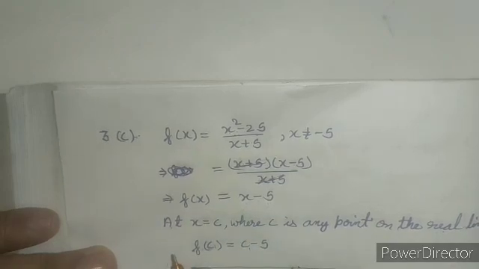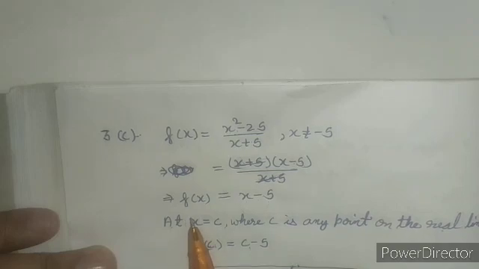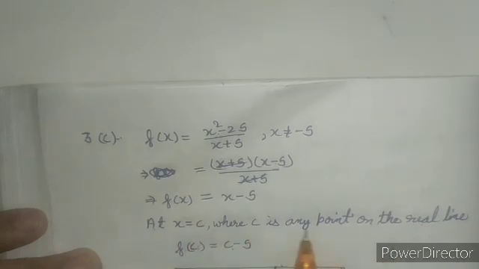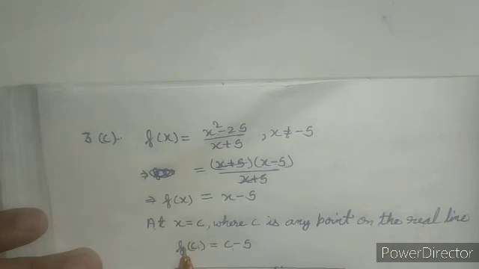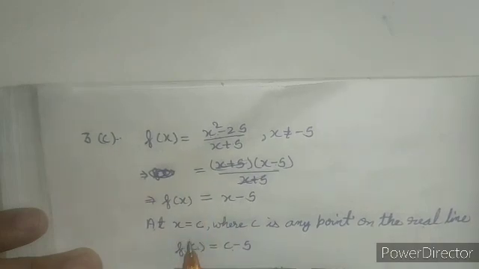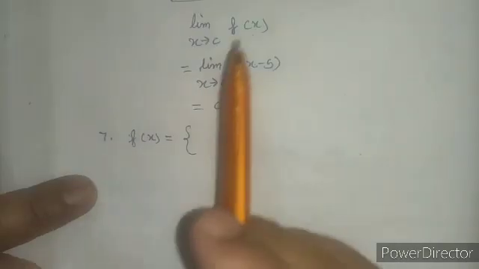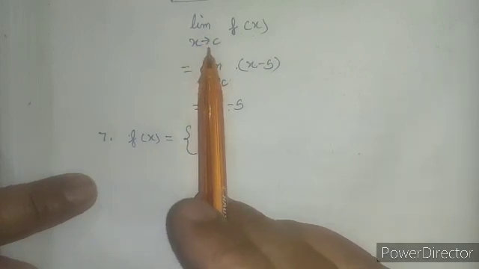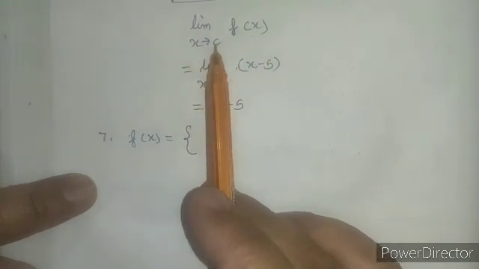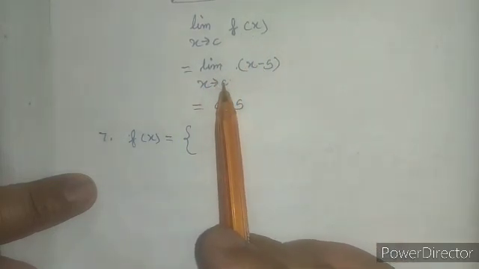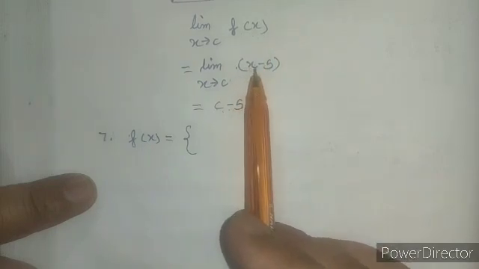Now first of all, the point at which we have to test its continuity is not given to us, so we will take any point C, a point C which lies on a real line. Now the value of the function at C will be f(c) and that will be c minus 5. Now after this we will take the limit of the function at point C. So limit x tends to C f(x) will be equal to limit x tends to C and the value of f(x) was x minus 5.